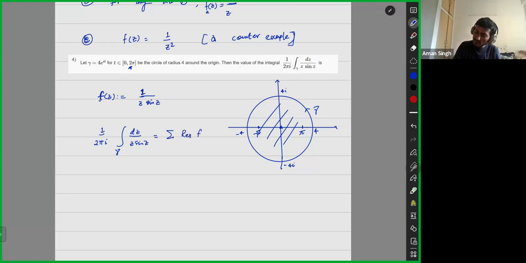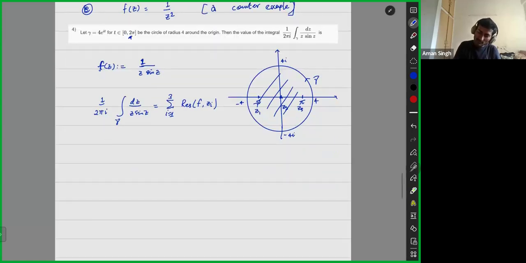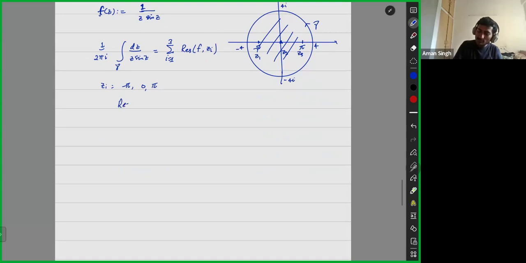Let's say these are z1, z2, z3, z_i with i from 1 to 3. So z_i is nothing but, I'm talking about, minus pi, 0, pi. Now we calculate the residue at various points.